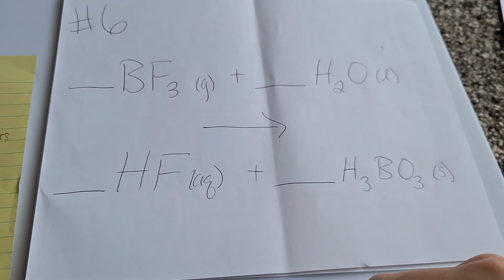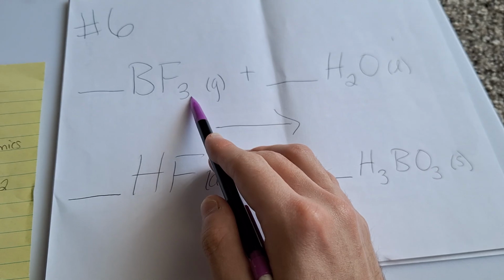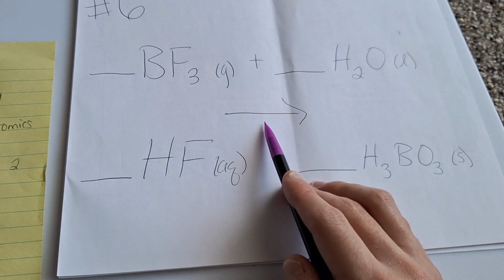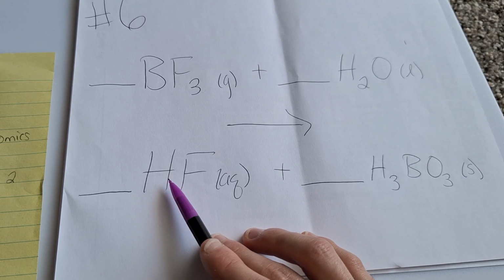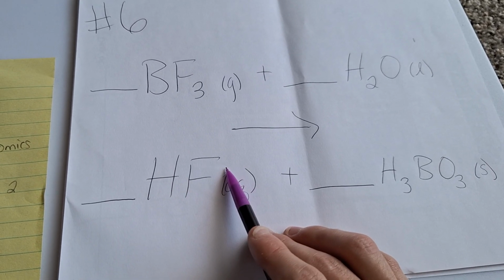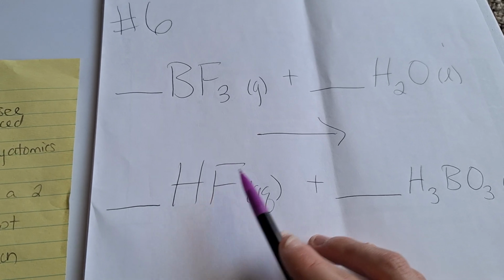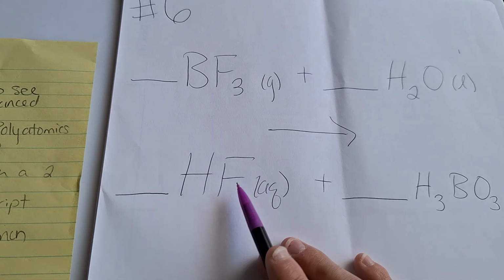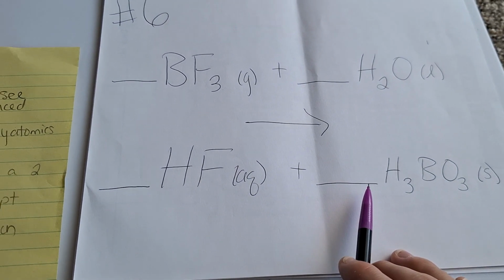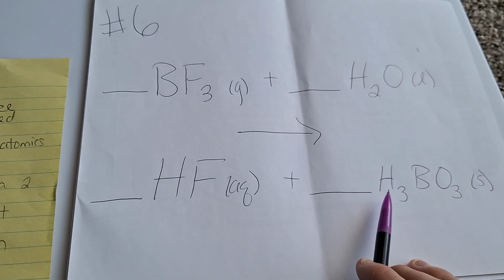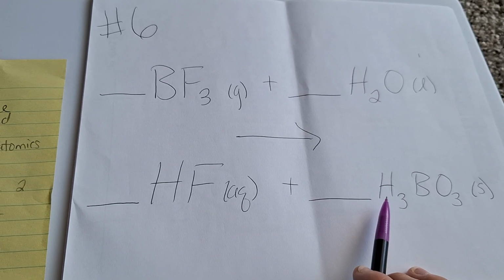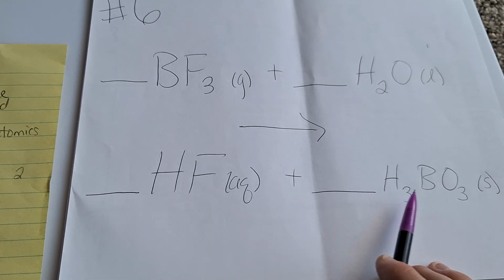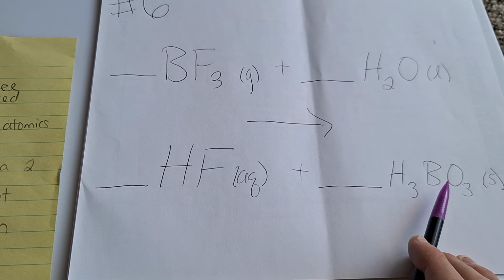Okay, number 6. Boron trifluoride and water react to produce hydrogen fluoride, or hydrofluoric acid, and hydrogen borate.